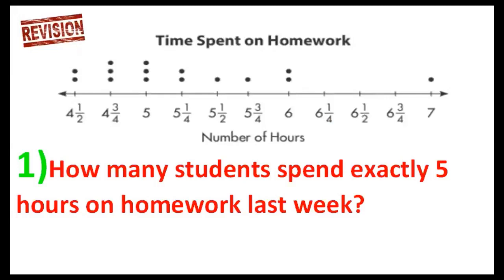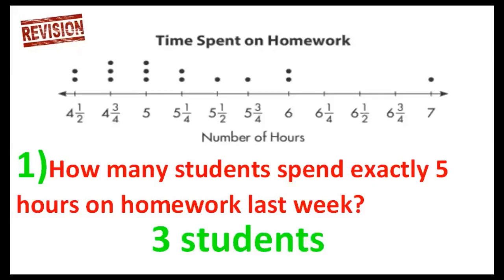It is the third value here, and it is represented by 3 bold dots. It means 3 students. So how many students spent exactly 5 hours on homework last week? 3 students.